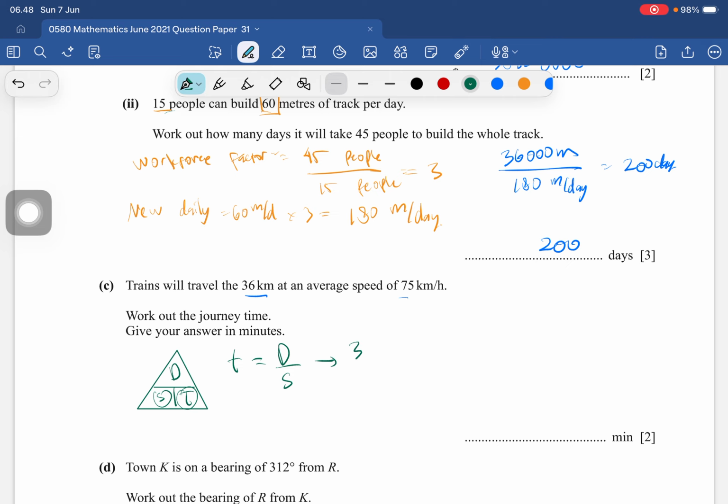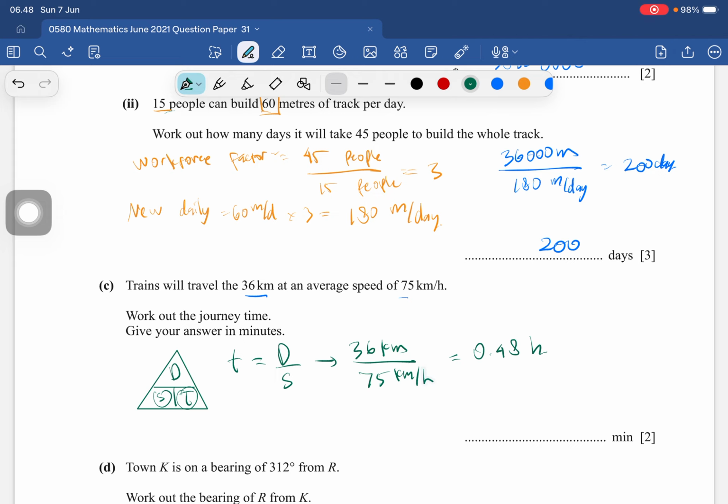The distance is 36 kilometers, divided by 75 kilometers per hour, so the units are kilometers and hours. 36 divided by 75 gives 0.48 hours.